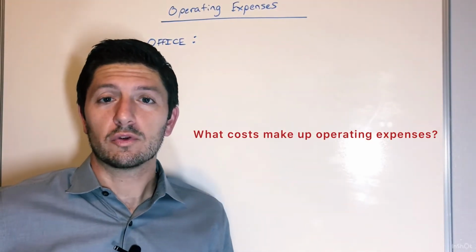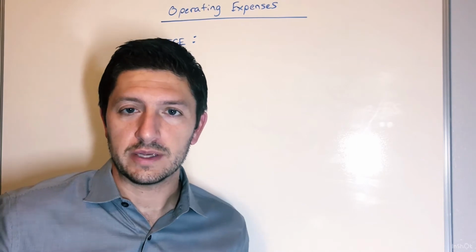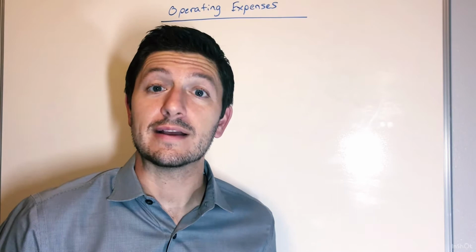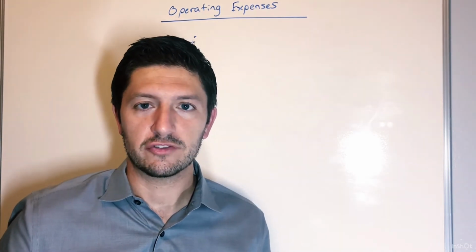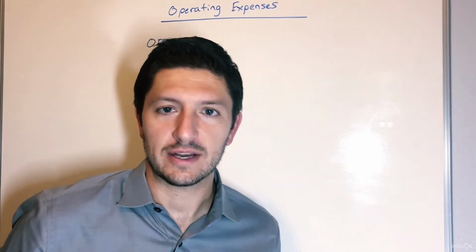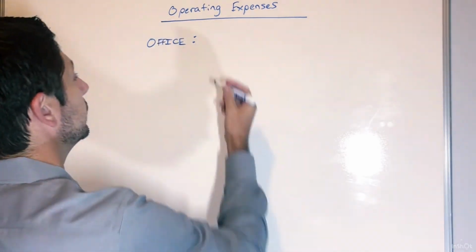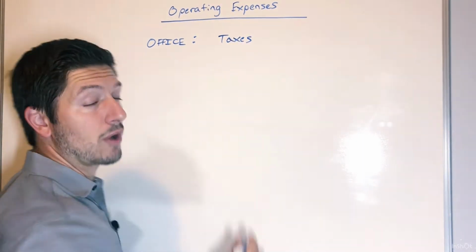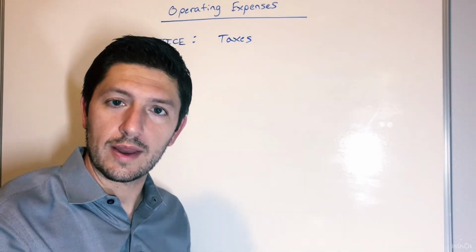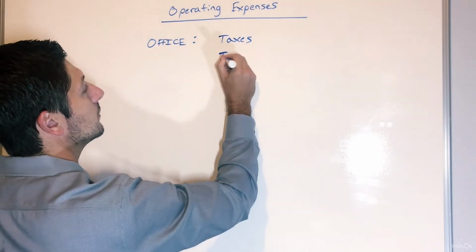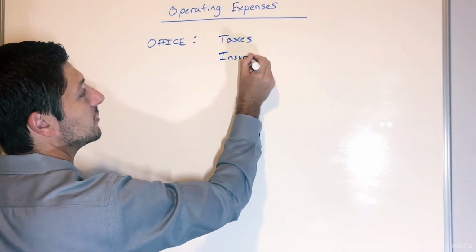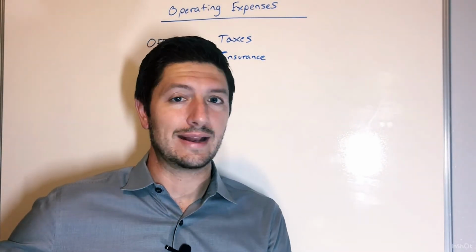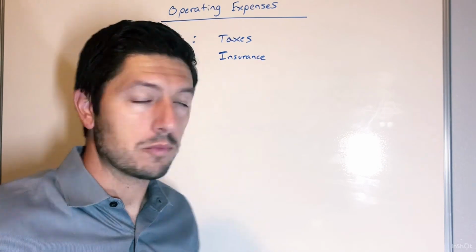Okay, now we'll start with office properties. Generally speaking, and by generally I mean almost all the time, almost every time, when you see an operating expense number for a multi-tenant office building, that will include the taxes, so the property taxes that the landlord pays for that property they own, the insurance, and that is the insurance that the landlord pays for the property, not any type of insurance that the tenants are paying for on their own.